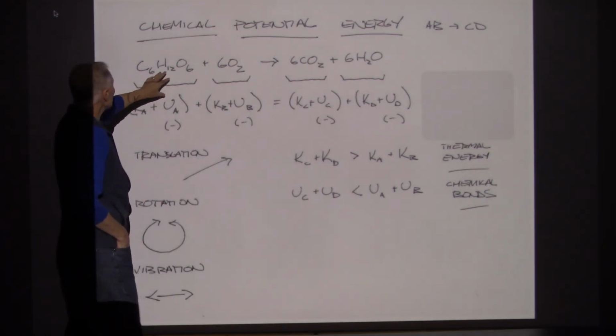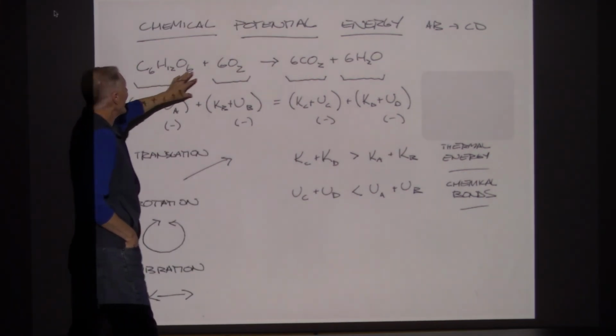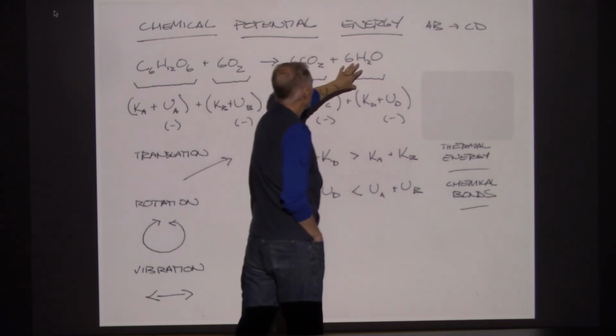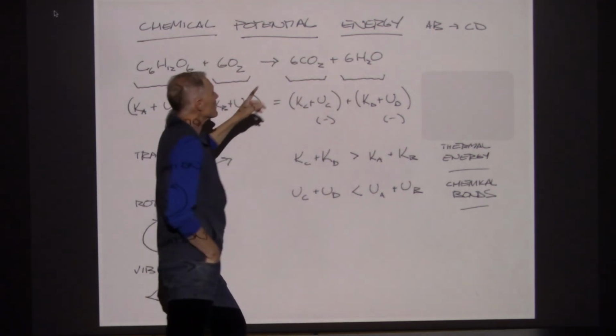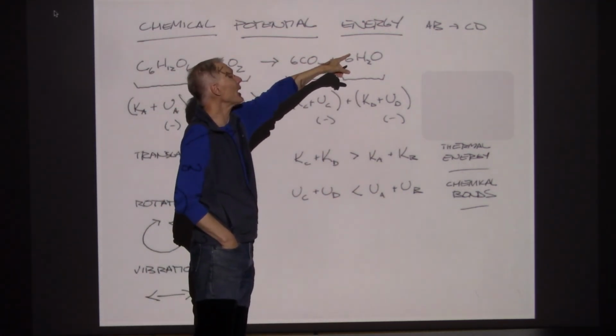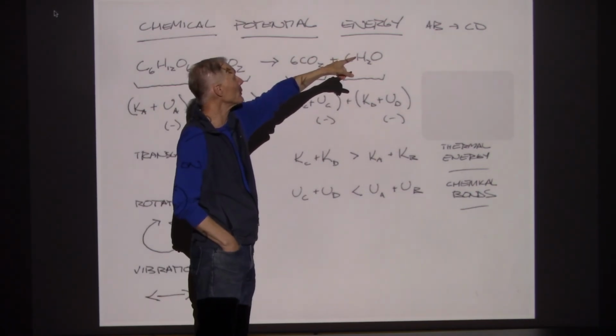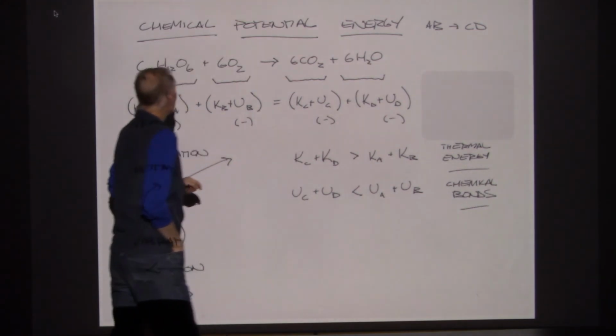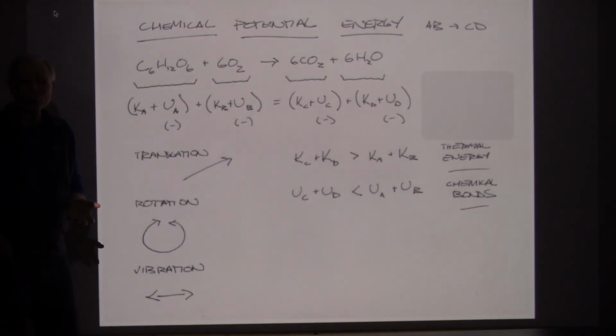Because if we take the glucose molecule and react it with a bunch of oxygen, we get a bunch of carbon dioxide and a bunch of water. I can think of this as compound A reacting with a bunch of compound Bs, and we get a bunch of compound Cs and compound Ds. Now, energy is going to get conserved.